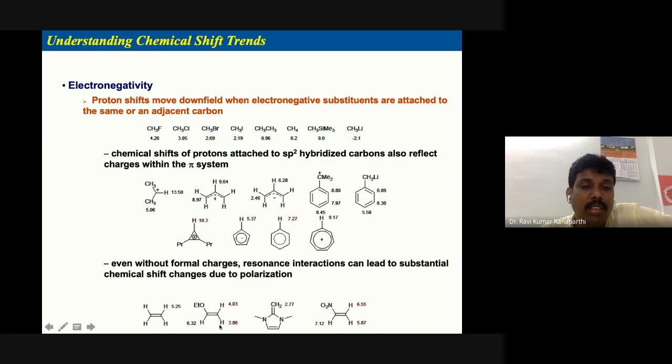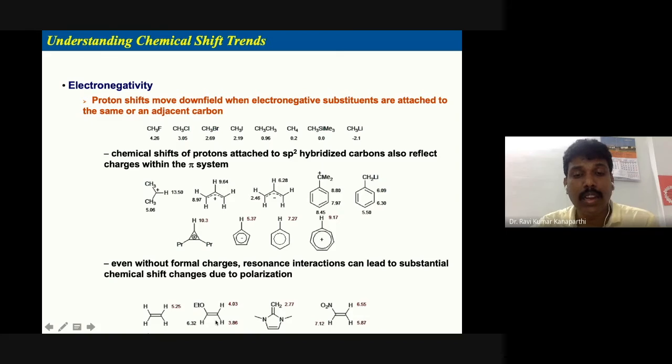You can see here a simple ethylene proton is at 5.25, and here there is an electron donating substituent, therefore the chemical shift values of these vinylic protons are shielded as compared to the parent ethylene molecule, right?